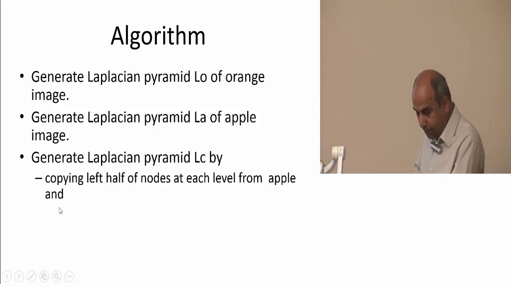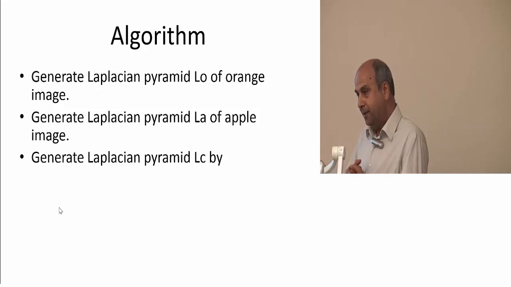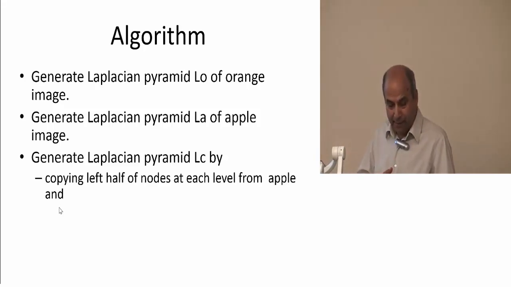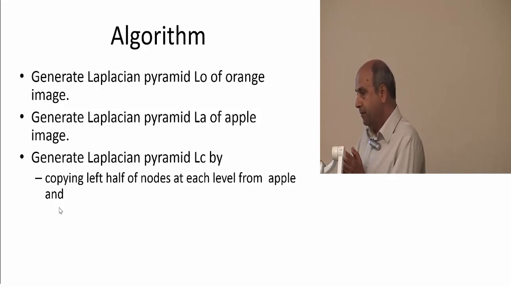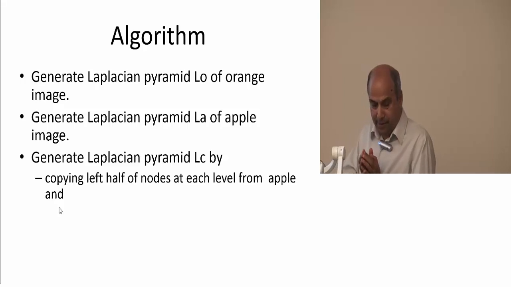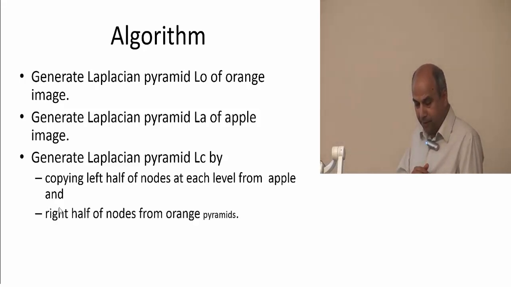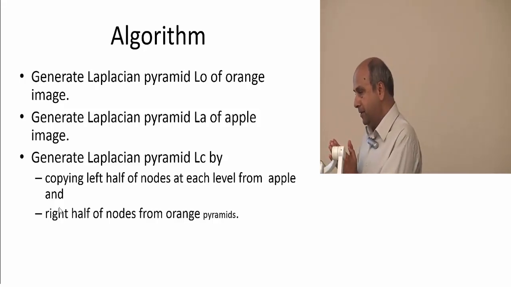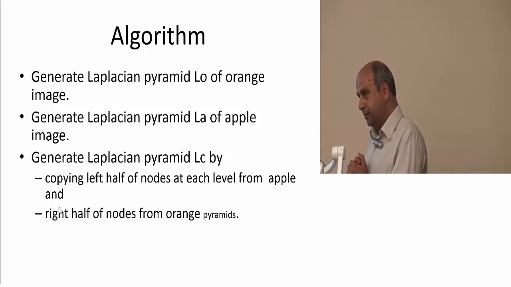Then you generate a new pyramid called LC, which is a combined Laplacian pyramid, and that will have half of the nodes or pixels from the apple and the other half from the orange, and then there will be middle pixels for which you will find the average between apple and orange.